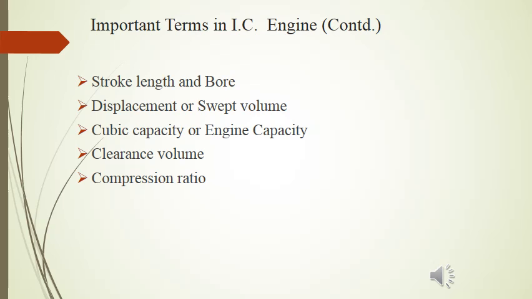So if we say that the compression ratio of the engine is 6, it means the volume of the charge or air fuel mixture is reduced to 1/6 of the volume that was at the beginning of compression. Another term, cubic capacity or engine capacity, is the total swept volume of all the cylinders of an engine taken together.